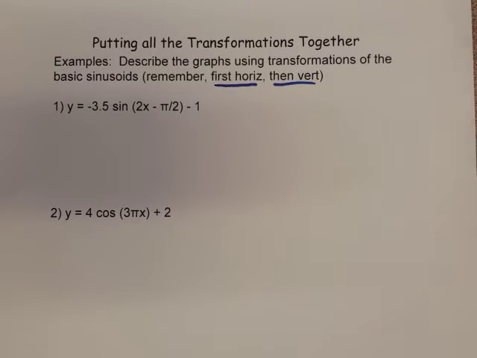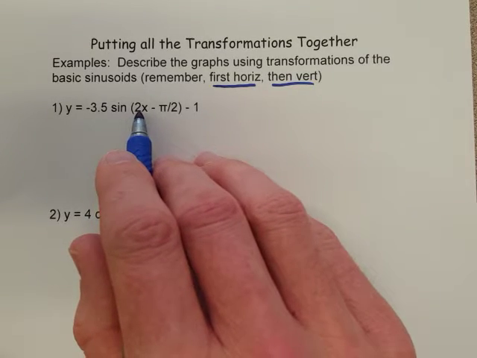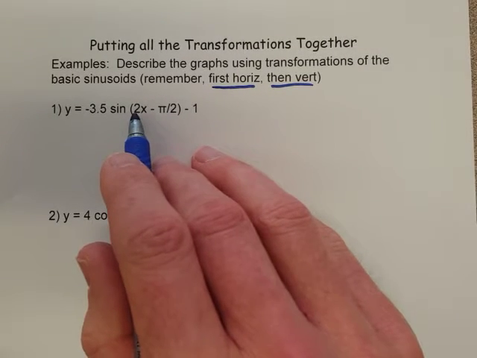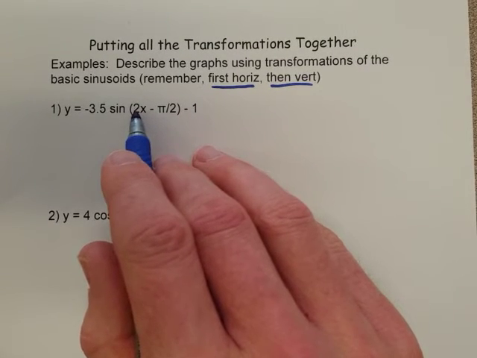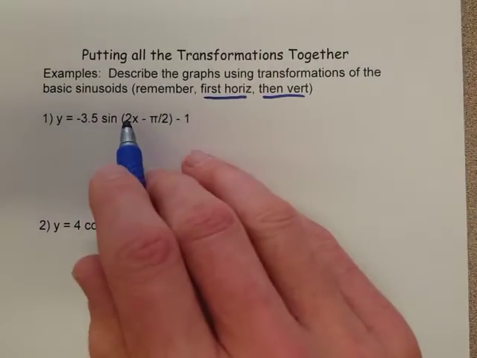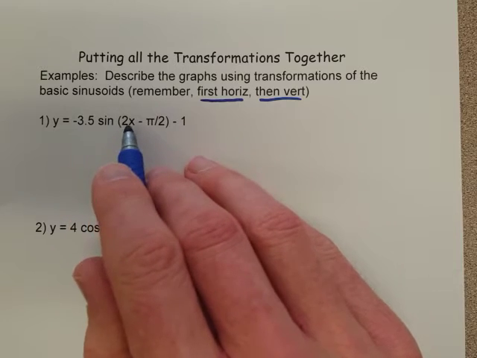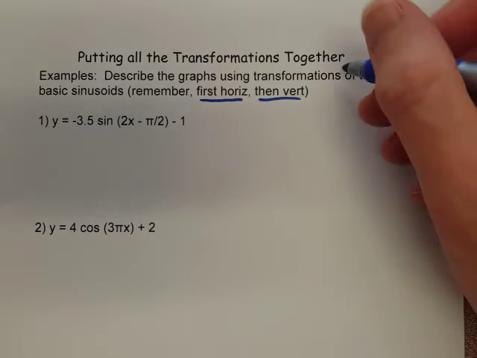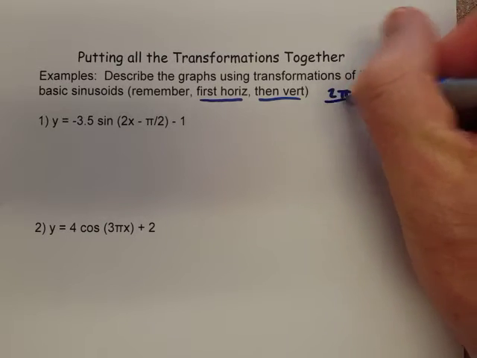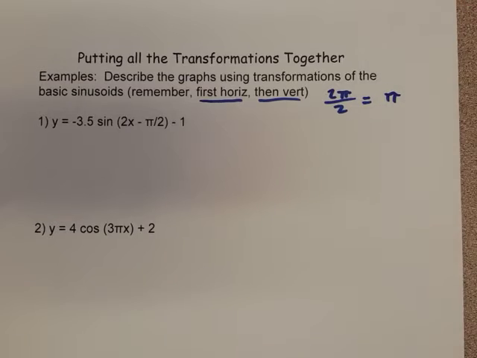Now, when we're doing the horizontal first, we're always going to start with the stretch or shrink or the reflections. And in this case, we just have stretch or shrink. The way you might find out stretch or shrink here, you'll notice that it's 2x. And so this is the B coefficient that we've talked about before. So we could say, all right, 2 pi divided by 2, that's going to be our period, which ends up being pi.